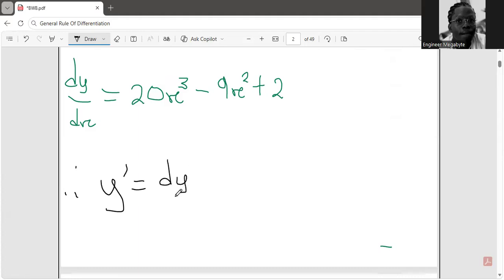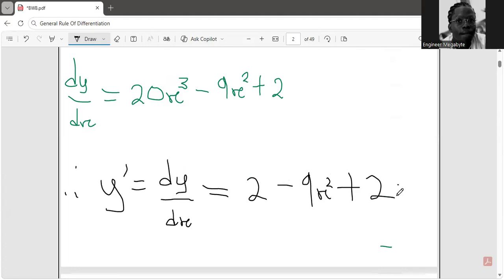dy/dx is equal to 2 minus 9x squared plus 20x cubed. It's because I want to arrange it with respect to the exponent of x.